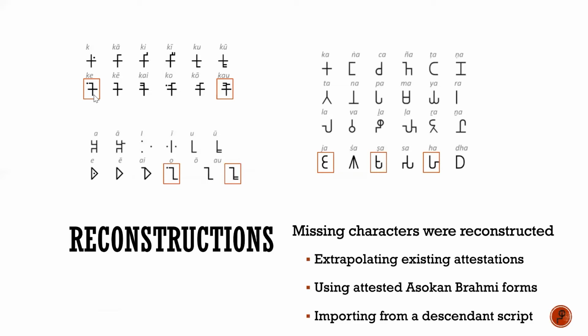Basically, we constructed a lot of missing characters. We imported Ashokan Brahmi characters for characters that are missing in Tamil Brahmi. If we had one attestation for one single syllable, we extrapolated it for other syllables of a similar structure. And in some cases, if there was a descendant script, we took characters from that.